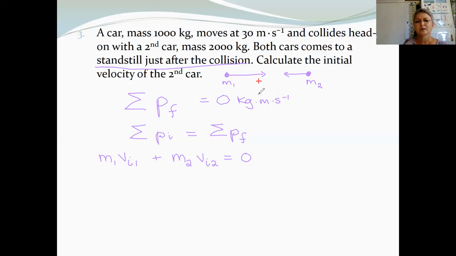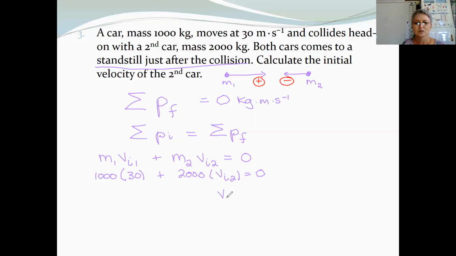I would take car 1's direction as positive, then car 2's direction would be negative. Here we go with our substitution: 1,000 kilograms times 30 plus 2,000 times v_i2. That all adds up to 0.